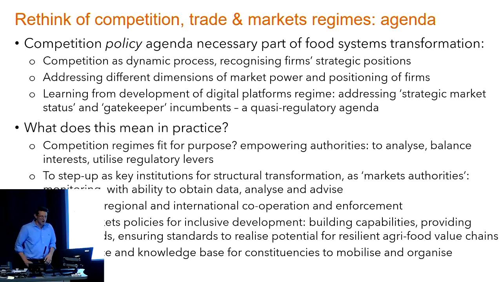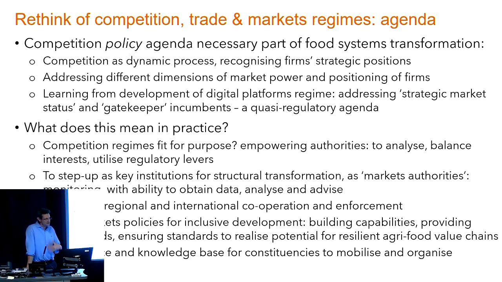So, last slide. We're saying that competition policy, not necessarily competition enforcement, but competition policy, needs to be central in food systems transformation. The competition agenda also needs to change, because competition authorities have mainly used kind of first-year microeconomics, assuming that it's all static.